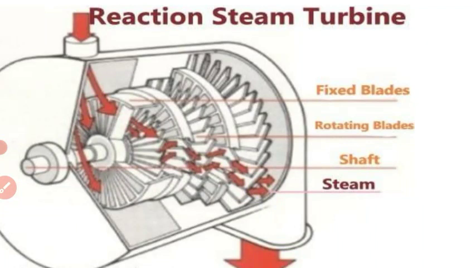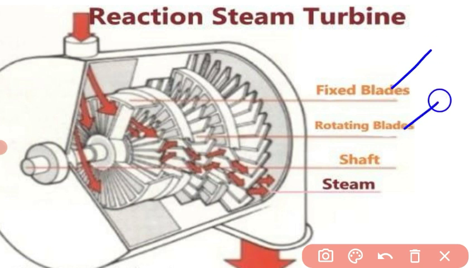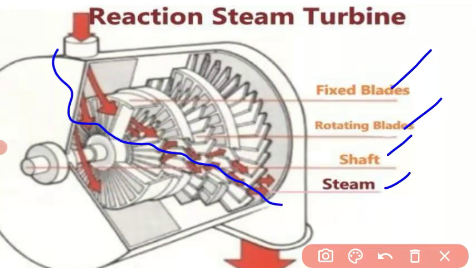In the reaction steam turbines, fixed blades, rotating blades, shaft and steam. You can come to know how the steam flows here. Both fixed and rotating blades. And one more very important difference is that reaction turbines have no nozzle.